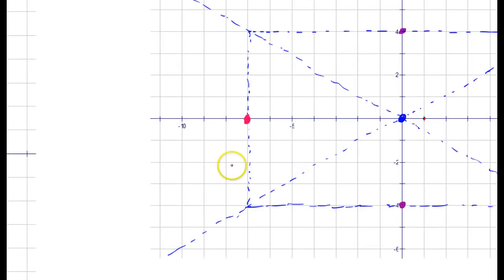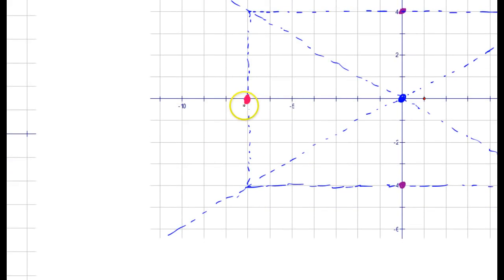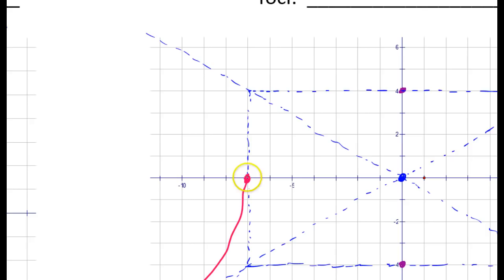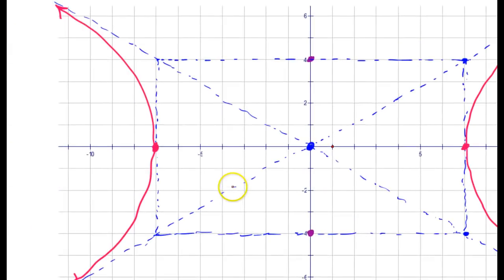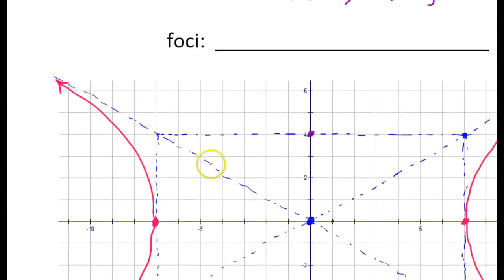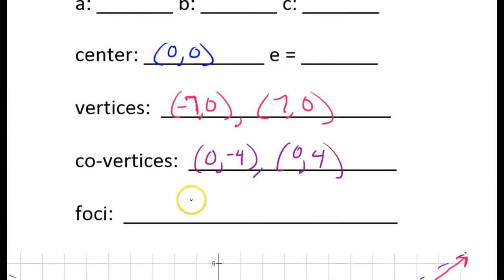Okay, and then similarly over here, I will approach the asymptote. Okay, and there you go. The co-vertices, again, are not on the hyperbola. So all I need now are the foci.